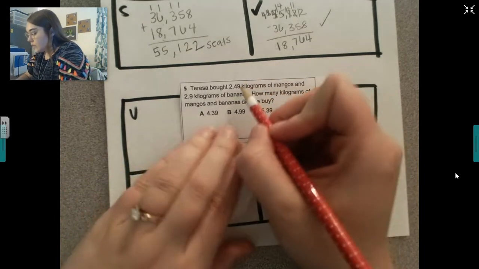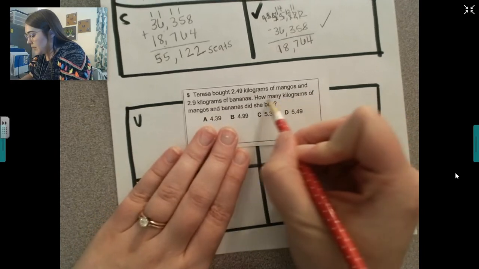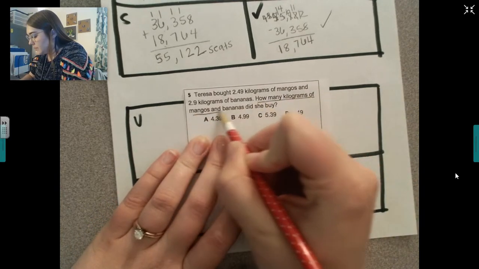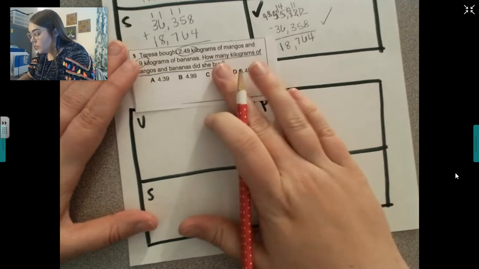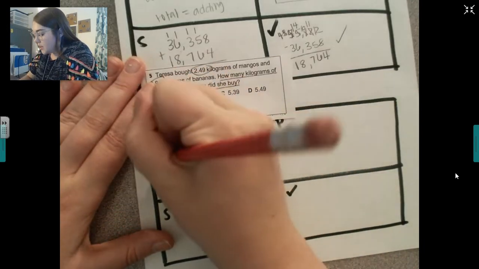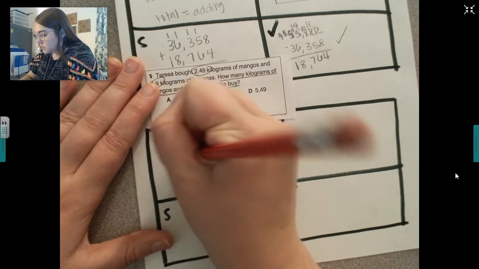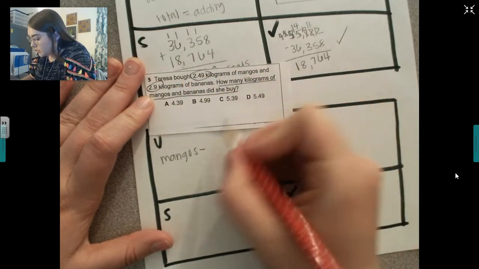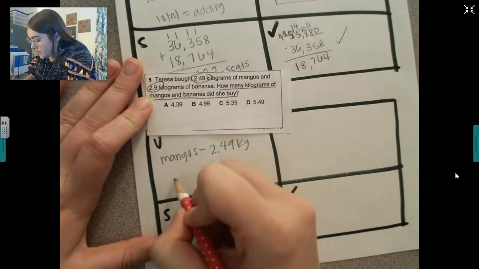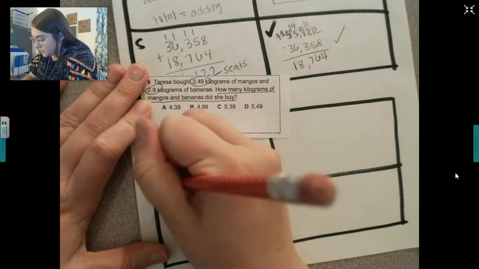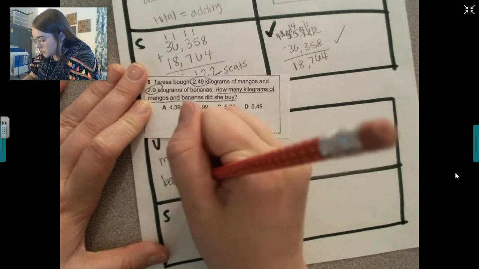So I am first going to understand the problem by underlining the question and circling the numbers. Then I'm going to write down what I know. I know mangoes, she bought, and then bananas, my pencil needs to be sharpened.